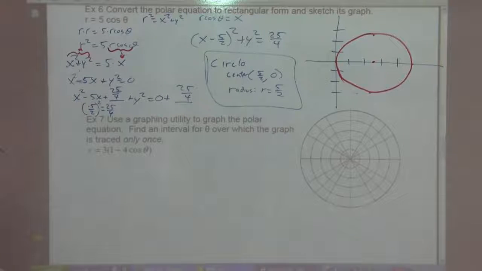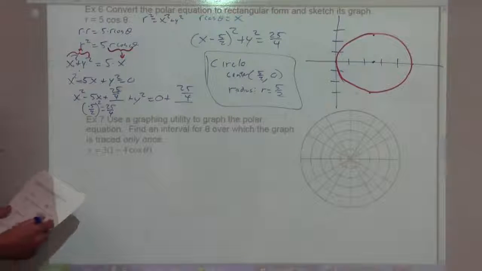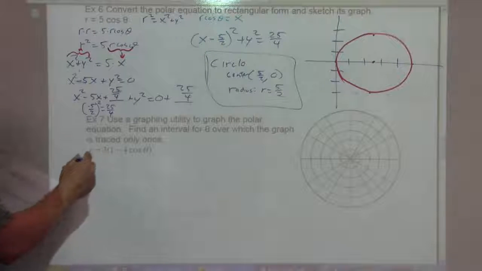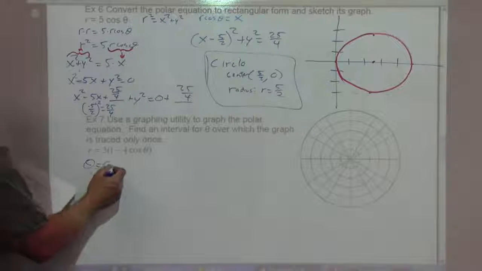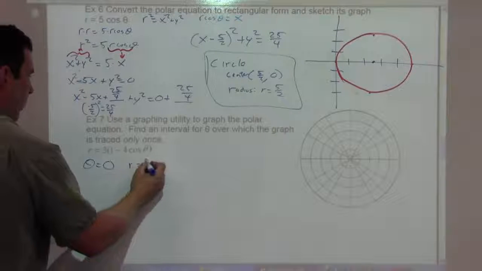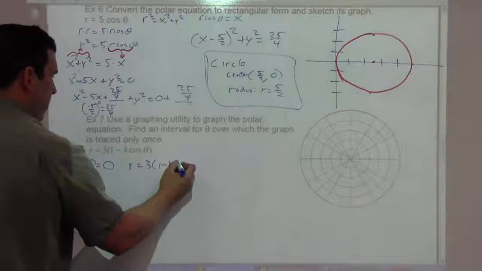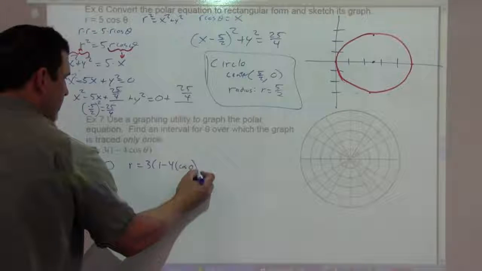On to example 7. It says use a graphing utility to graph the polar equation. Find an interval for theta over which the graph is traced only once. Okay, so let's come up with some values here. For theta equals 0, r would equal 3 times (1 minus 4 times cosine of 0, which is 1).